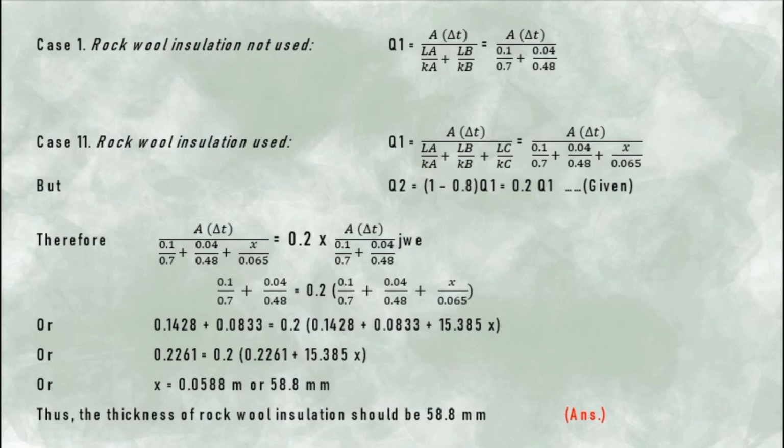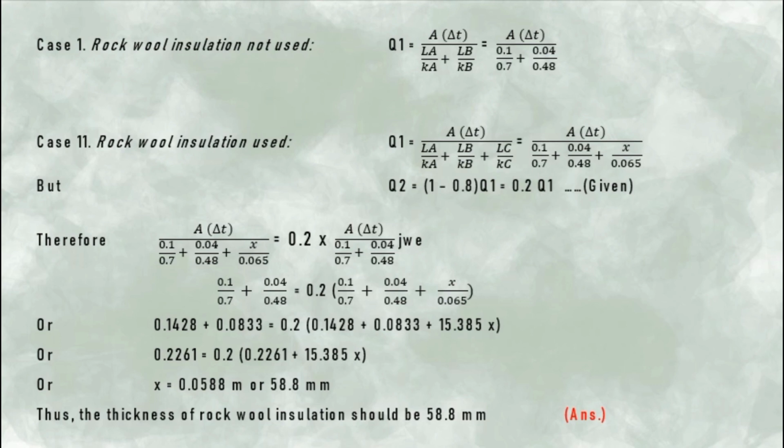We come up to 0.1 over 0.7 plus 0.04 over 0.48 equals 0.2 multiplied by 0.1 over 0.7 plus 0.04 over 0.48 plus x over 0.065.